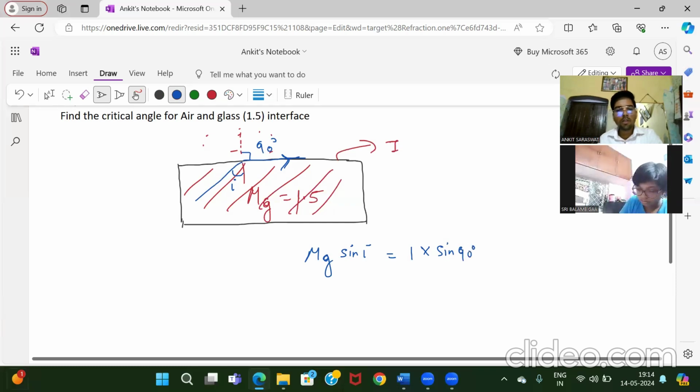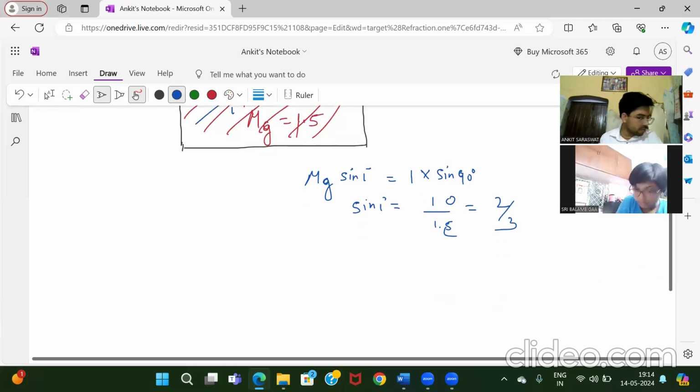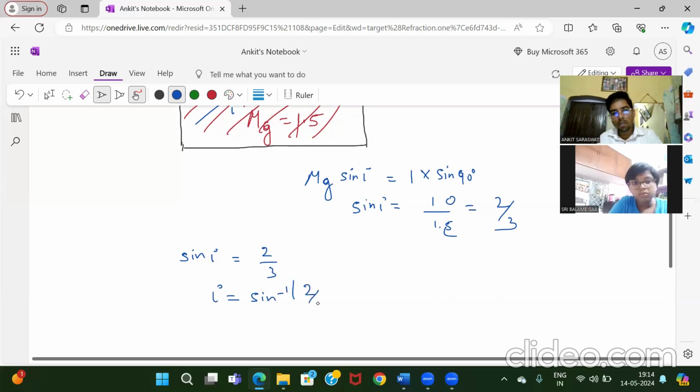Clear? Yes, sir. Sin I how much? Sin 90 is 1, mu g is 1.5. So sin I is equal to 2 by 3. I will be sin inverse 2 by 3.